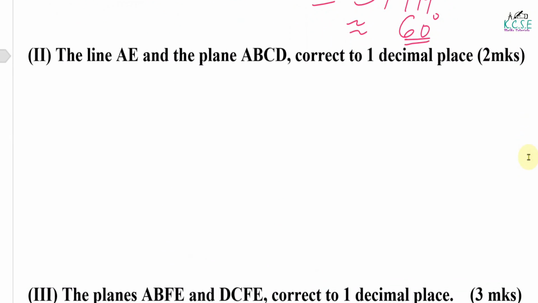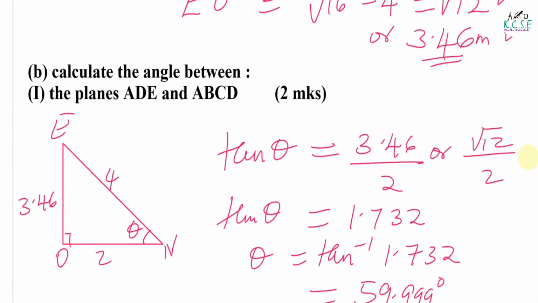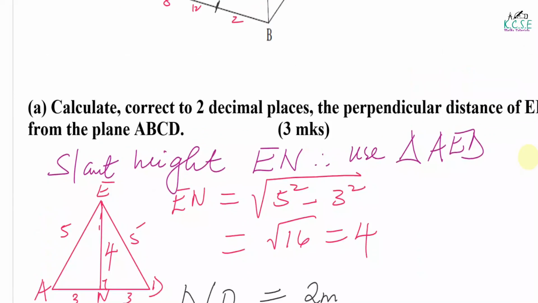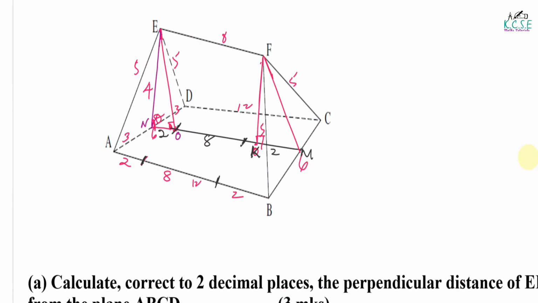Which is the line AE and the plane ABCD. The angle between line AE and the plane ABCD. Let's go to line AE and the plane ABCD.